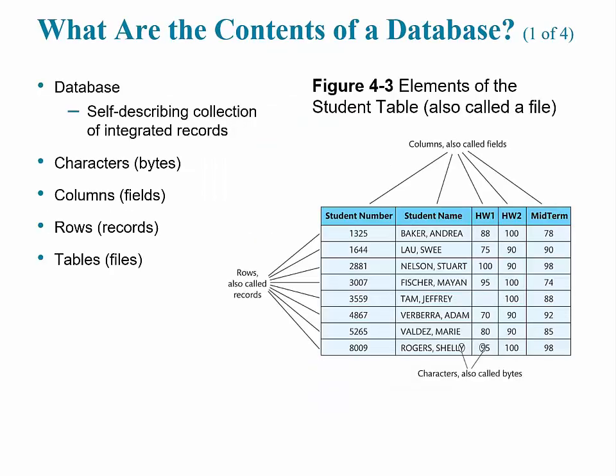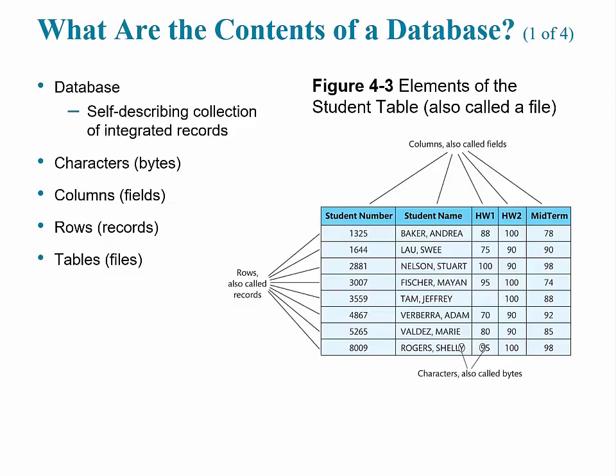So the structure of database, starting from the lowest or smallest unit, that's each character, right? When it comes to digital data, we talk about bits and bytes, right? So that's the smallest unit. Then you have columns going vertically. Those are the fields, or sometimes called properties, each column, right?